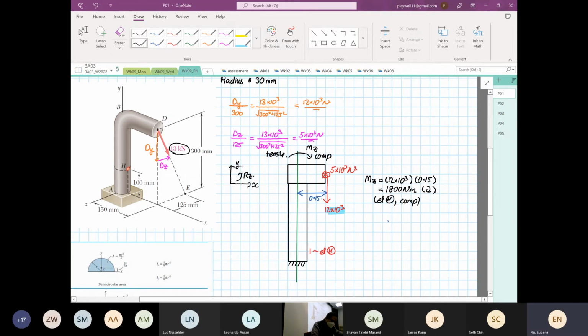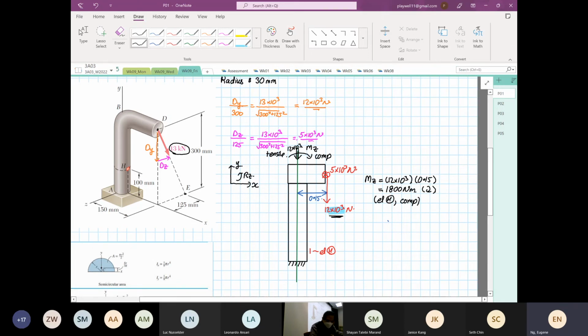Now this 12 times 10 to the power 3 Newton is not just going to induce a moment. It's also going to induce an axial load down here of 12 times 10 to the power 3.